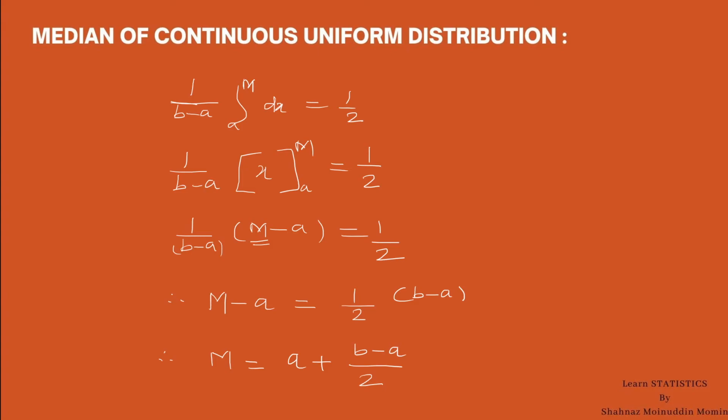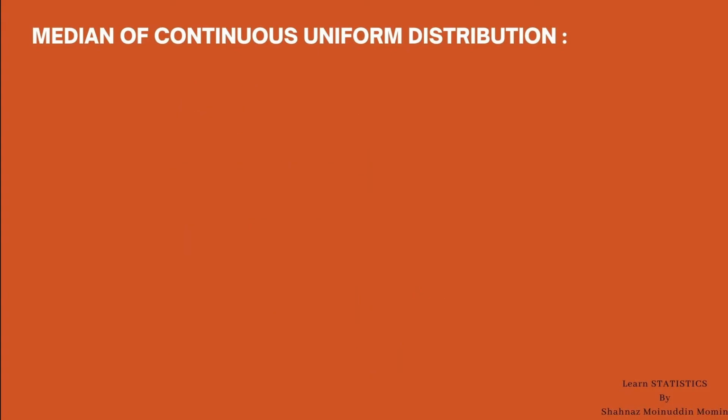Simplify this equation, we get m equal to twice a plus b minus a divided by 2, and this is a plus b by 2.